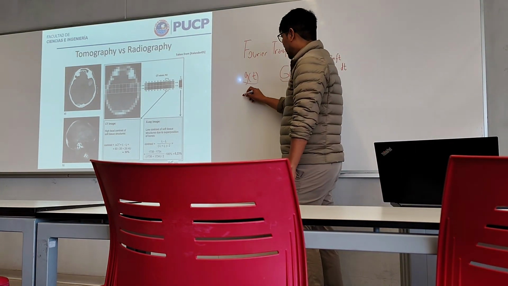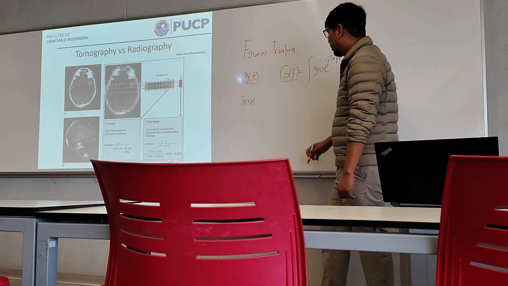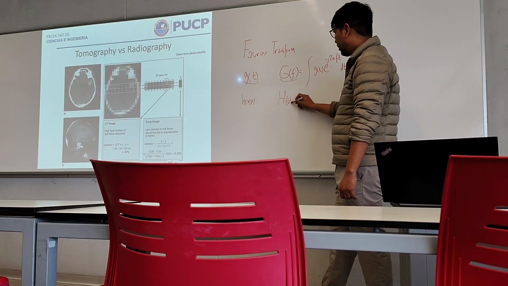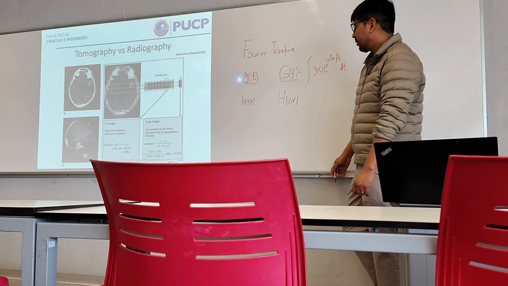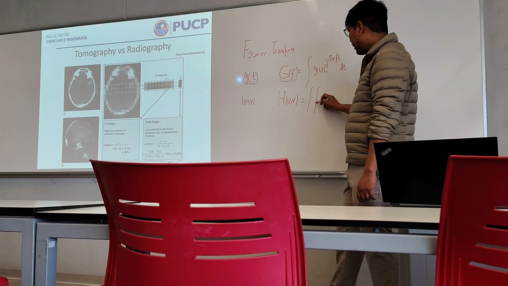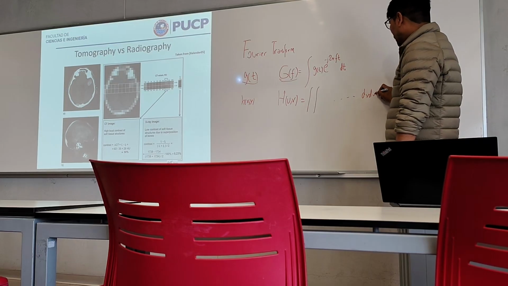Similar with some function that is in space, for example f(x,y). Maybe we can transform this to H(u,v), and if we think about a two-dimensional Fourier transform, this will be a double integral of things dx dy.